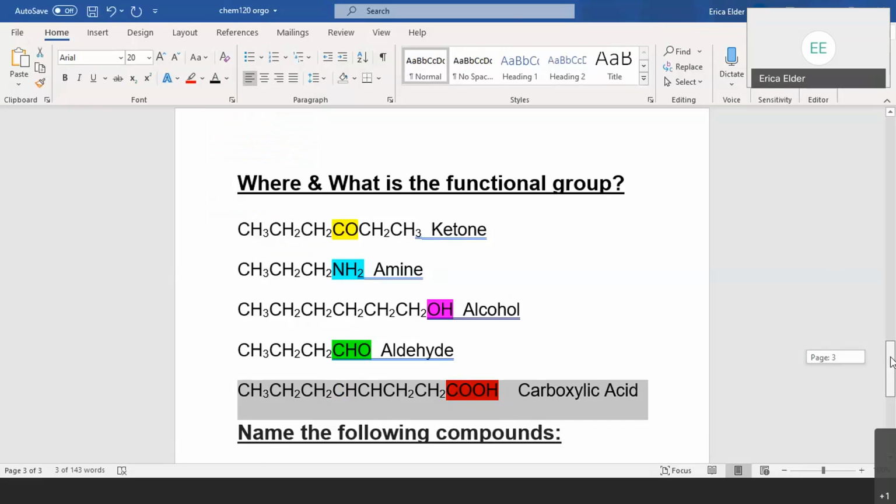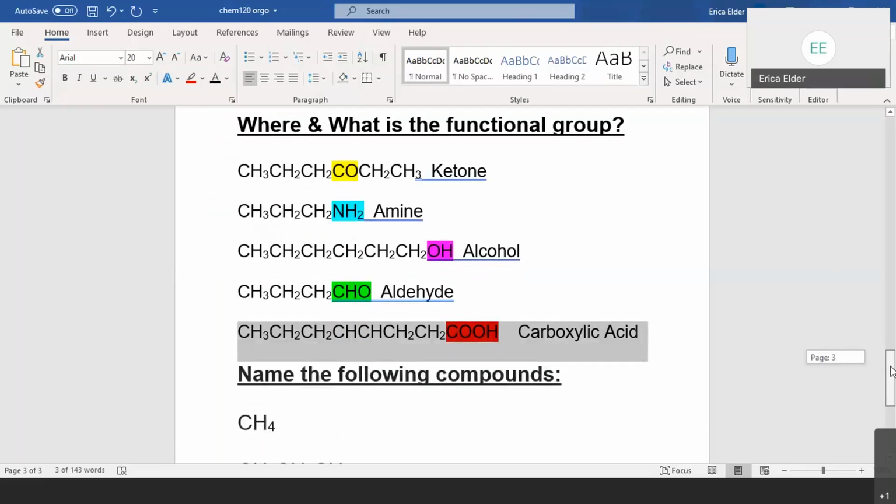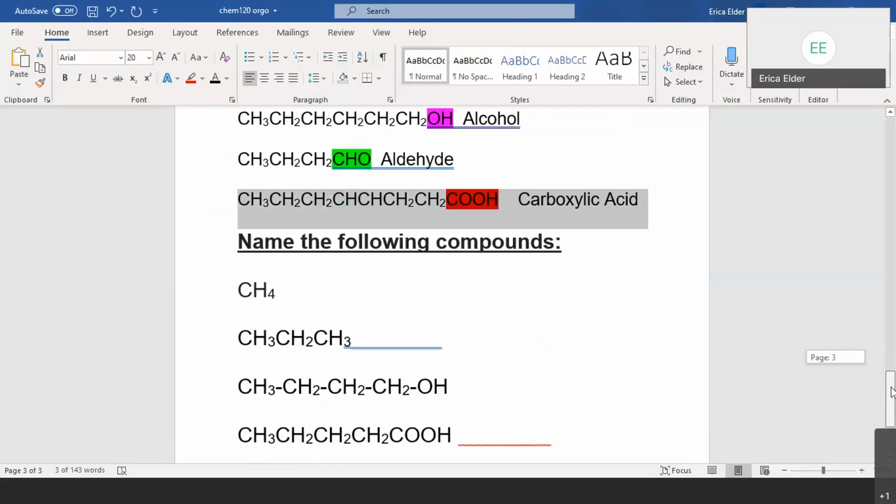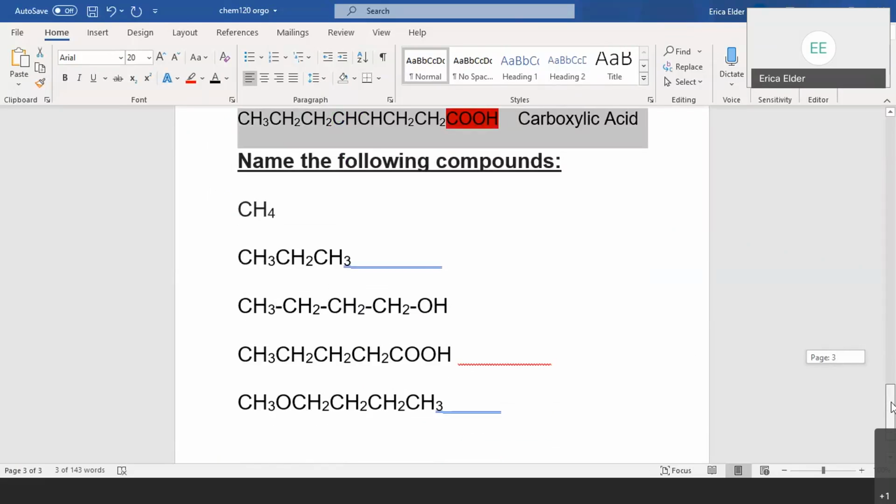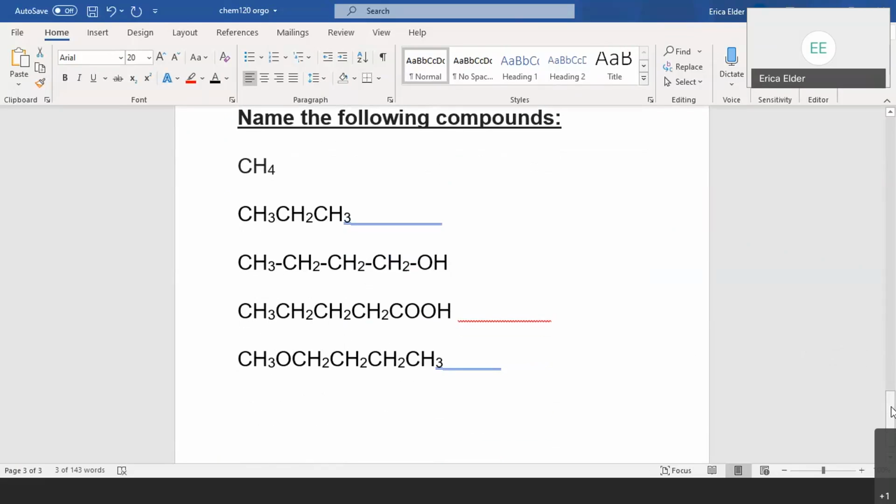So let's go ahead and take a look at the topic that is going to be added to the ability of doing your functional groups. So here you're going to see CH4. If we recall moments ago, I stated that carbon is tetravalent. It has the ability to have 4 bonds. So this is just going to be using the appropriate alkane, alkene, or alkyne because all we have are hydrogens and carbons.